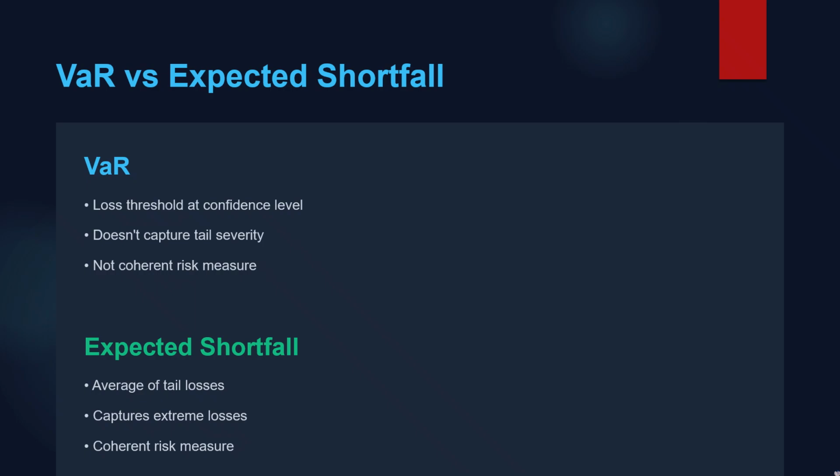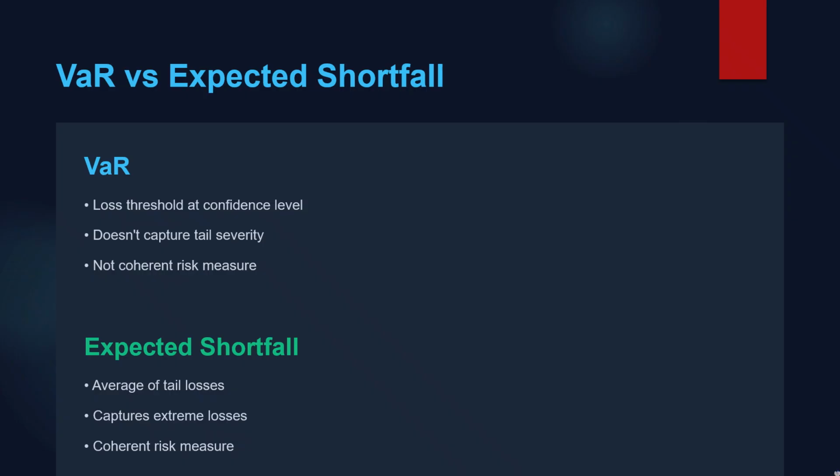You could have two portfolios with identical VAR but vastly different tail risks. VAR is not a coherent risk measure. Mathematically, it can violate sub-additivity, meaning diversification might appear to increase risk, which is counterintuitive.